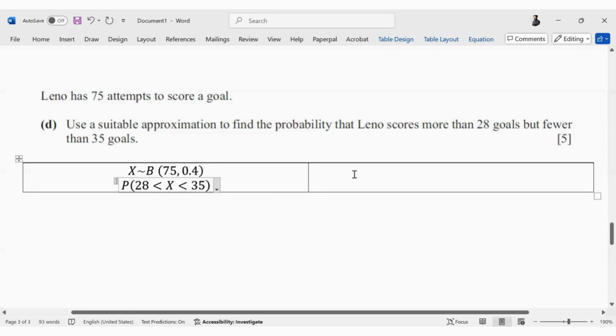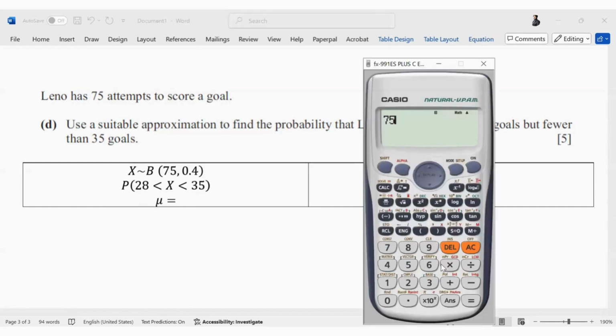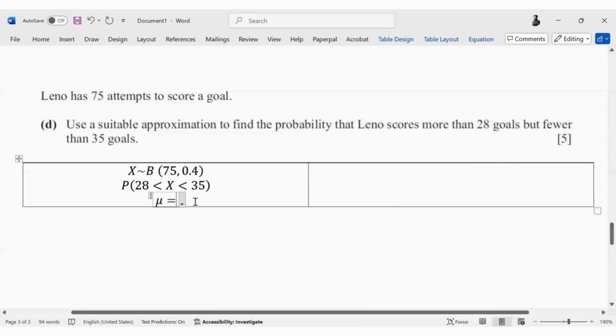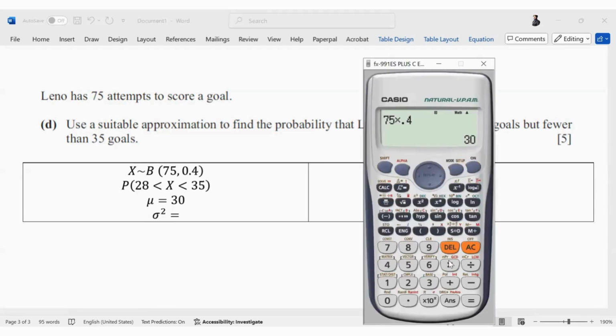So the question is telling us to approximate. We will find the mean, which is np. So 75 times 0.4 is 30. And the variance, which is this multiplied by 0.6, is 18.